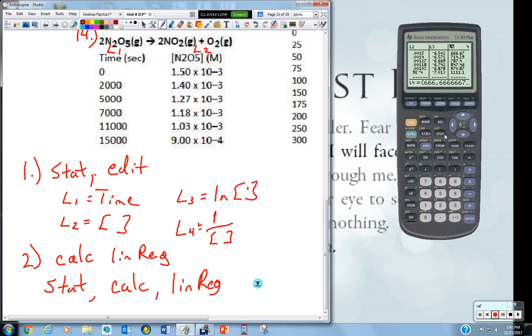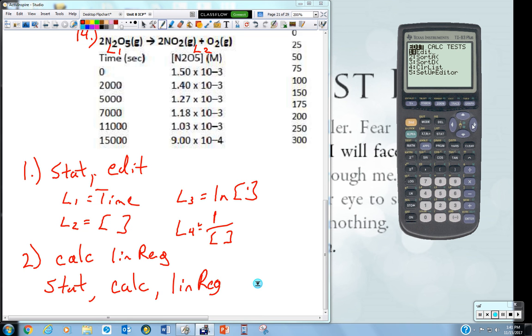So if you go to Stat, move it over to Calc, and then it should be number 4 on the list, or if you just hit number 4, it may give you this little screen like that, or it may give you an edit screen. I don't know which one it's going to do.